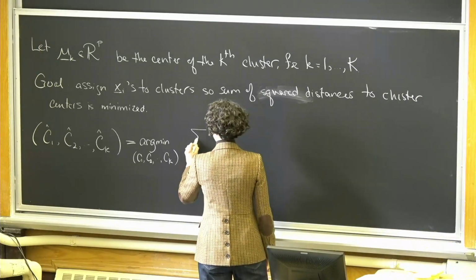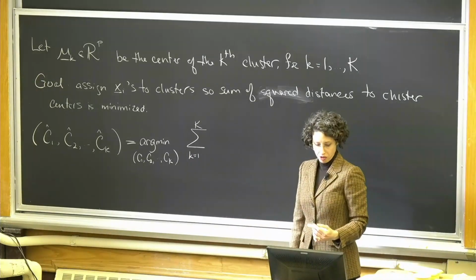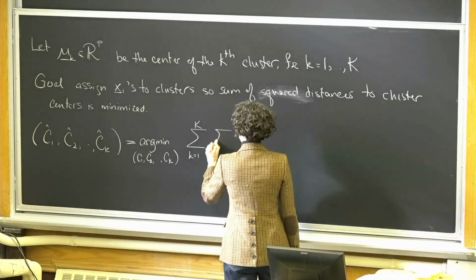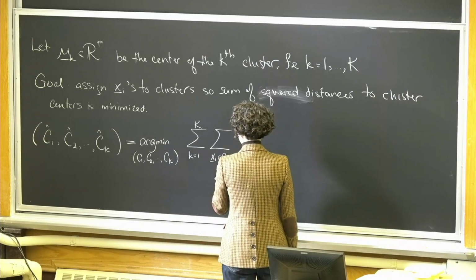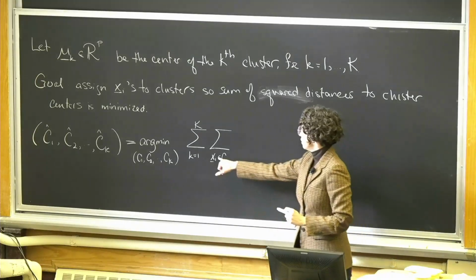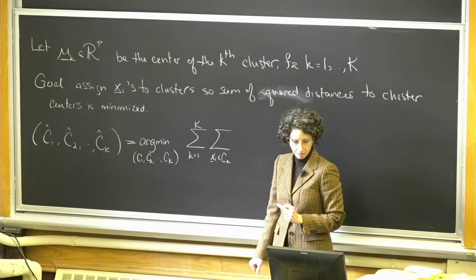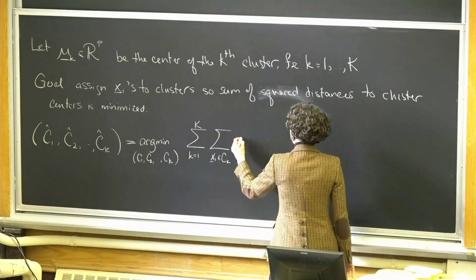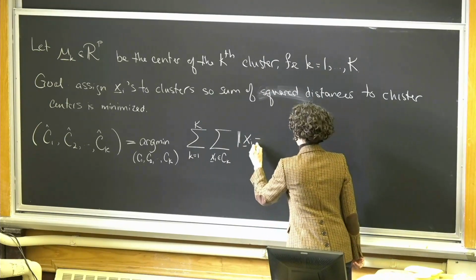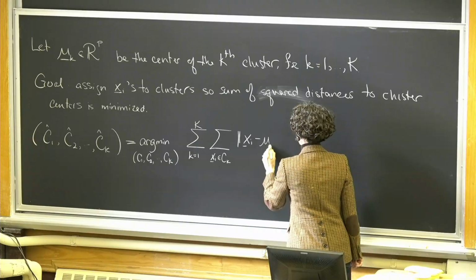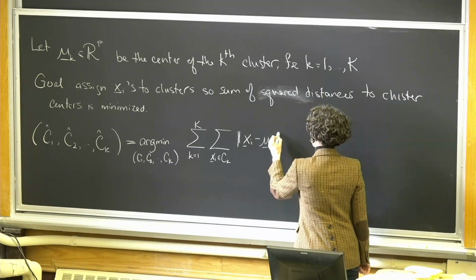So we are going to sum over all of the different clusters. And for each cluster, we are going to sum over all of the xi's that are in that cluster. So we assign a point xi to a cluster if it's closer to that mean versus any other mean. And then we are going to look at the squared distance between xi and that cluster mean, between the point xi and the cluster mean mu k.